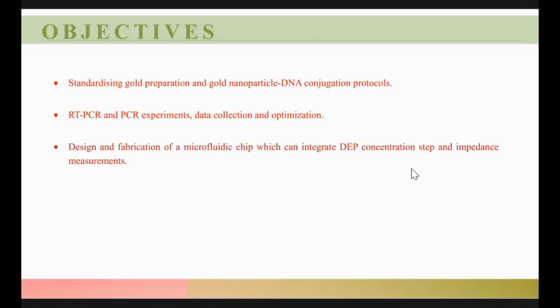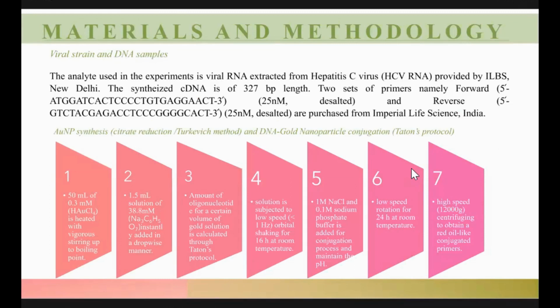So we have the HCV virus DNA, which is actually transcribed from the RNA and is supplied to us from the Institute of Liver and Biliary Sciences, ILBS, New Delhi, India. And this shows the primer sequence. I've shown it in the slide.